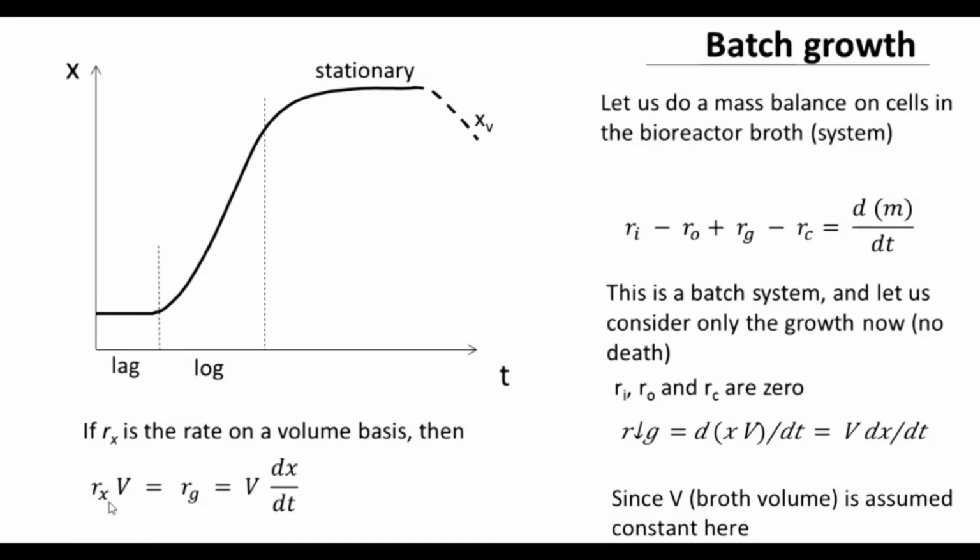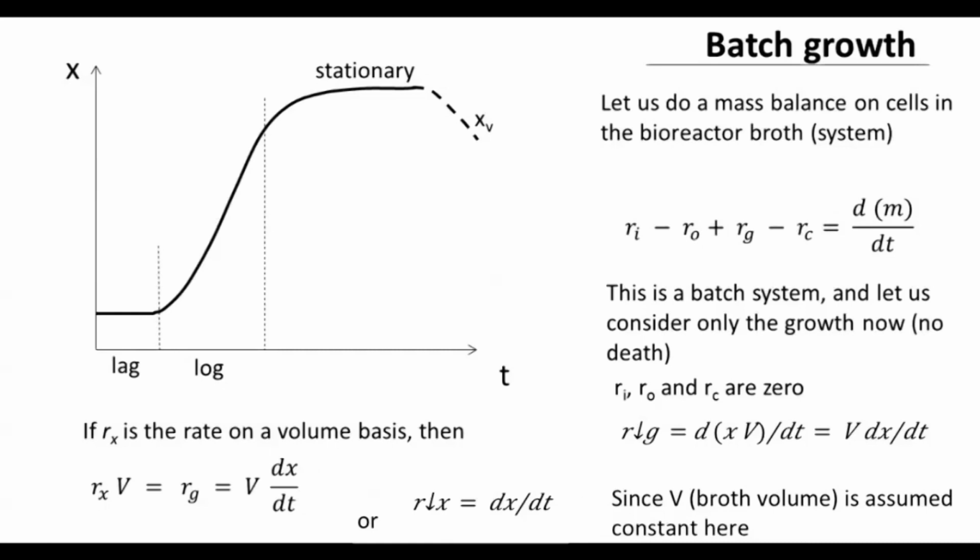Therefore, rate of change of cell concentration times the volume would be the rate of change of mass. Rate of change of mass, not concentration, rate of change of mass. Therefore, Rx times V equals Rg, and that equals V dx/dt from here. So, if we equate this and this, Rx is nothing but dx/dt.